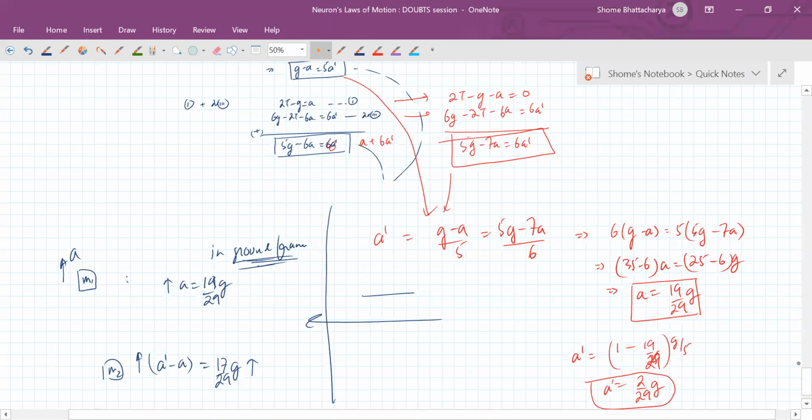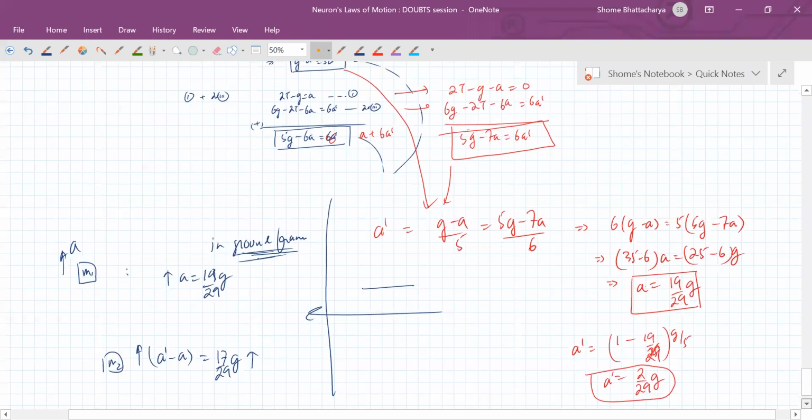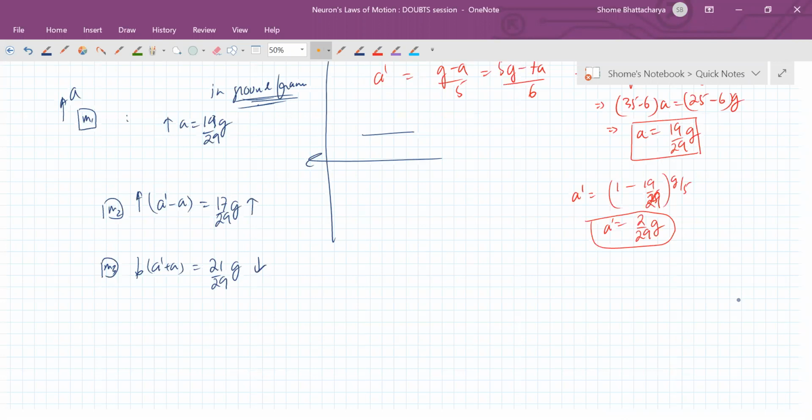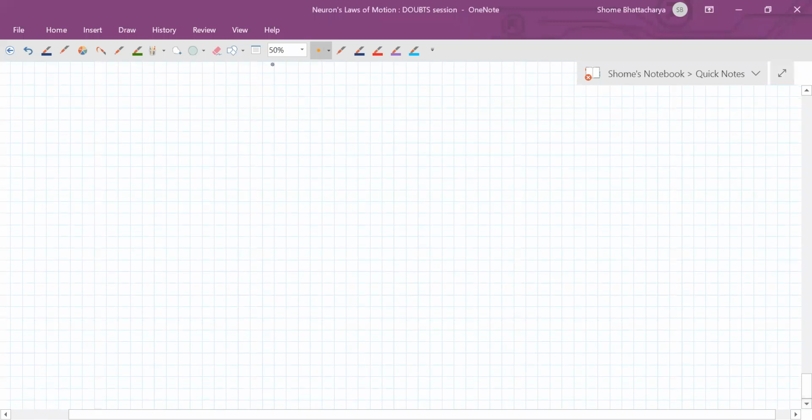You have to just make the two free body diagrams. So anyway, is this question clear to all of you? 28 is clear. 31, right? Yeah, 31 I will solve. 31 is that you have to use the constraint relation that we were discussing about earlier.